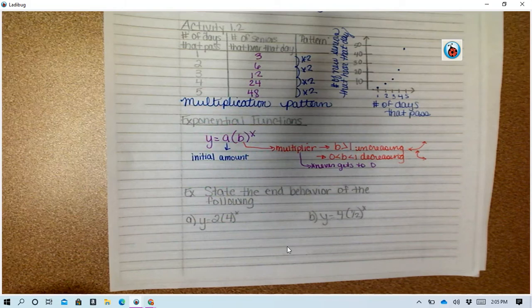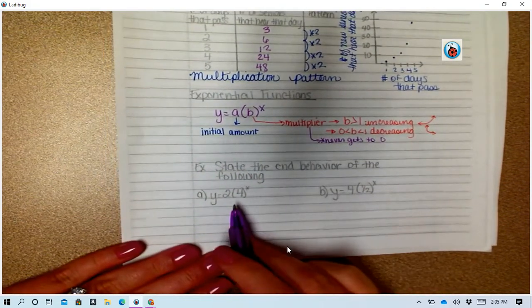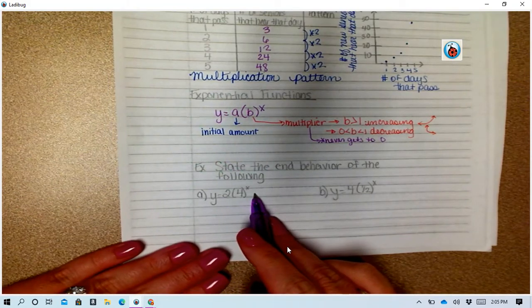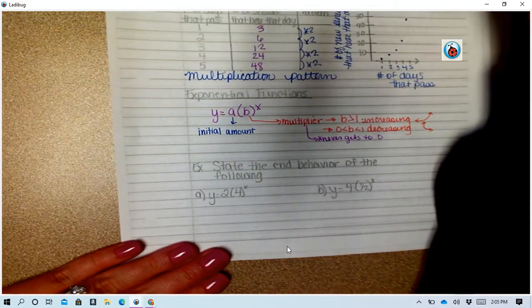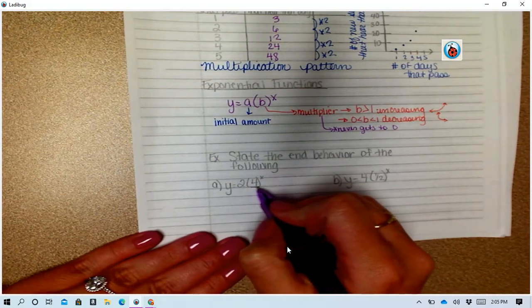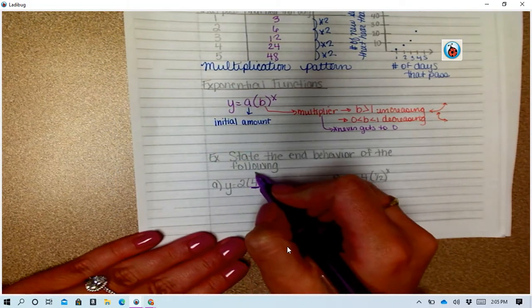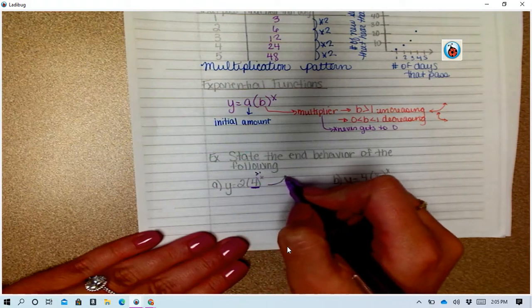Okay, state the end behavior of the following. So y equals 2 times 4 to the x. How do you know what the graph is going to look like? Well, you look at your multiplier. This multiplier is 4. 4 is bigger than 1, so your graph is going to be increasing.